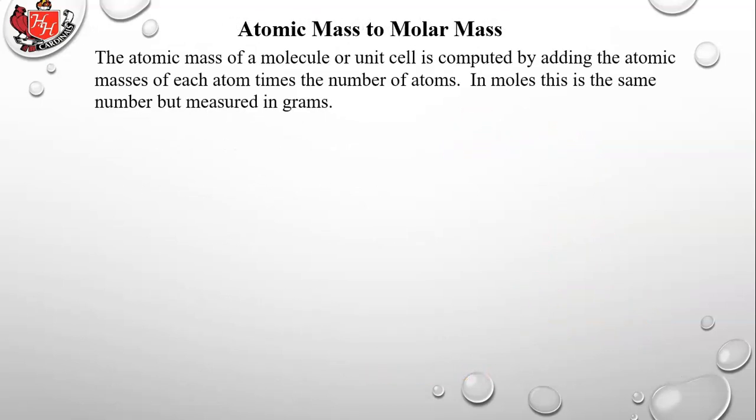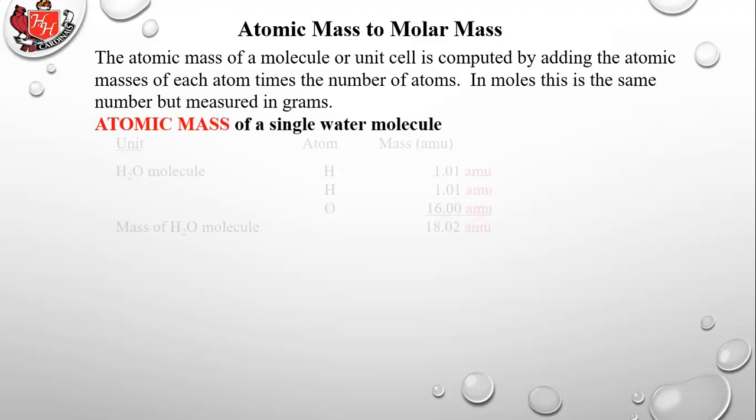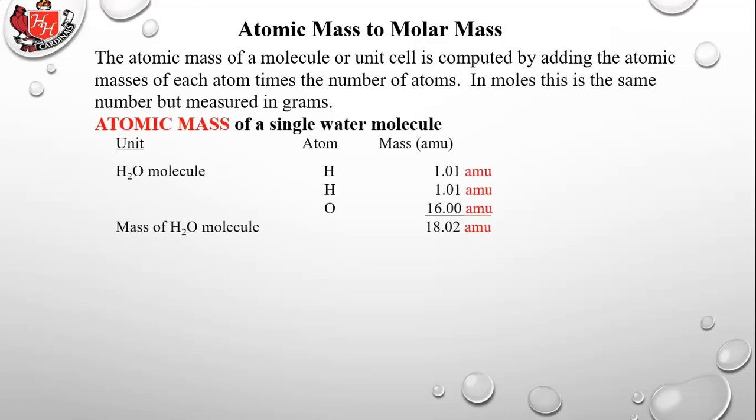The atomic mass of a molecule or unit cell is computed by adding the atomic masses of each atom times the number of atoms. In moles, this is the same number, but it's measured in grams. So the atomic mass of a single water molecule looks like this. It has 2 hydrogens. Each hydrogen has an atomic mass of 1.01.